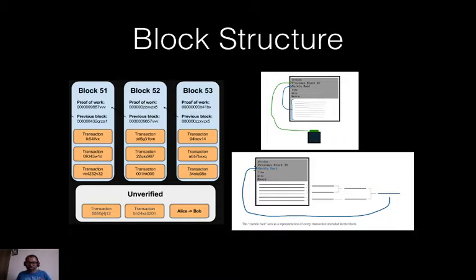So the important things that you need to understand. One is the nonce, which sets the difficulty level of the network for doing proof of work, and that sets how slow or fast your network is. That is one important aspect. Then you have to understand how your unverified transactions are present within the mempool.